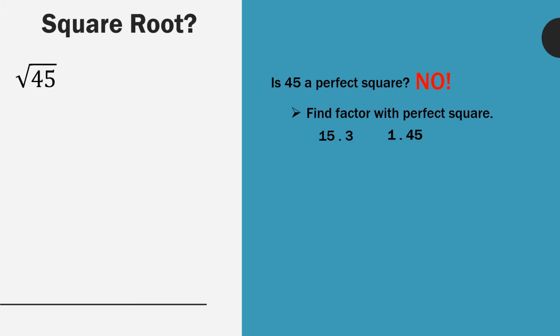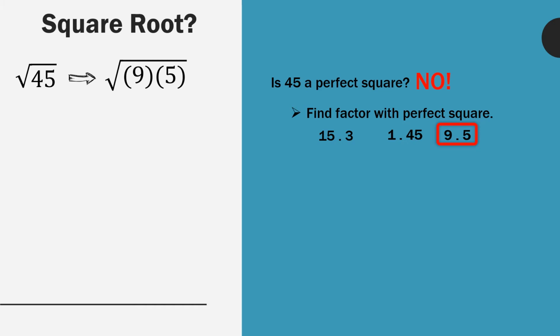Is 1 a perfect square? No. 45? Definitely not. How about 9 times 5? Is 9 a perfect square? Correct. Since 9 is a perfect square, so gamiton na nato na to substitute sa sulod sa atong radical sign. Okay? So, you substitute it here.